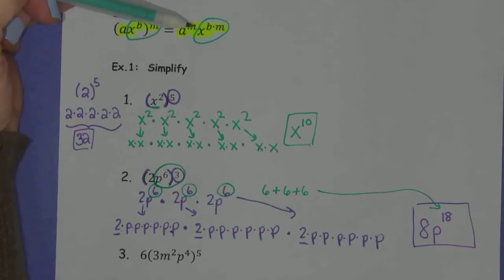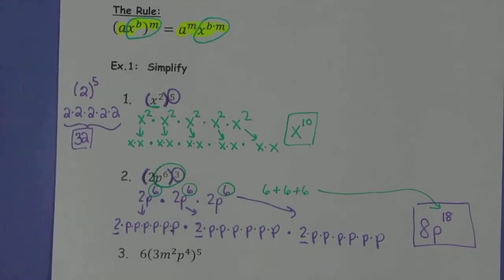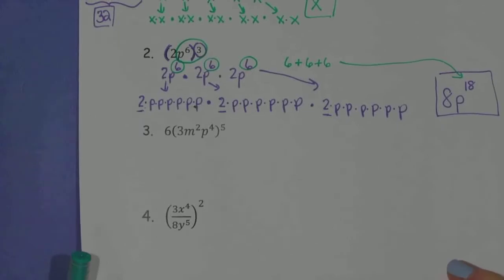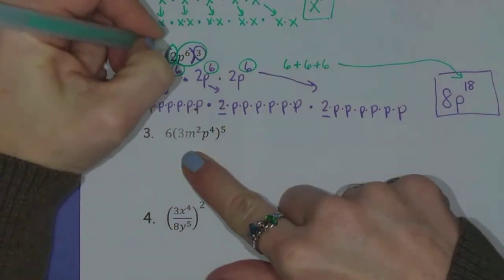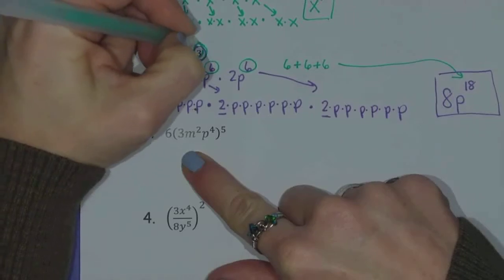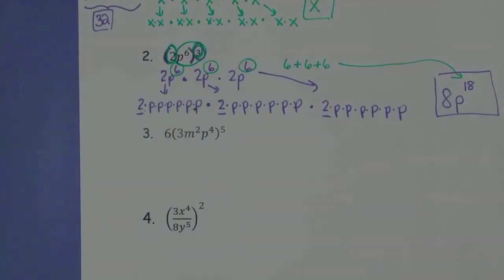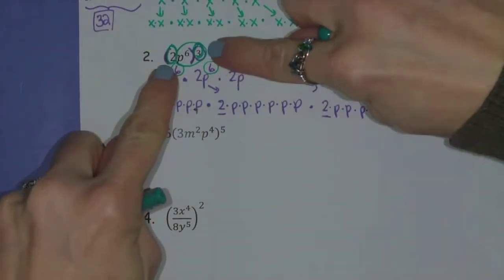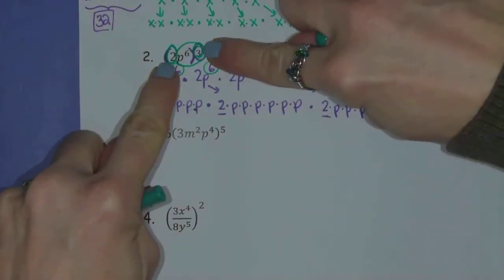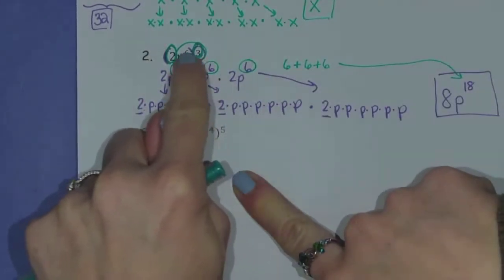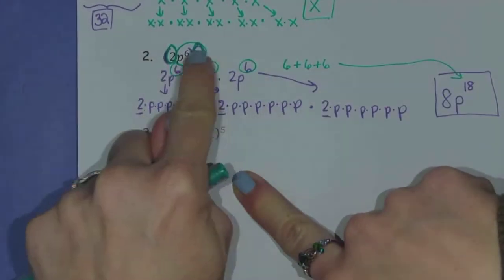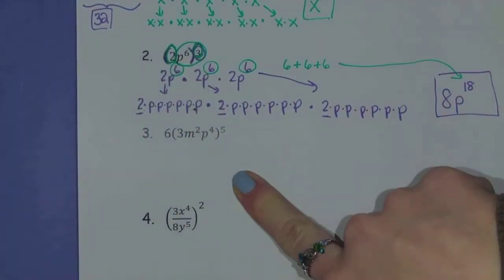Those get multiplied. But now let's talk about what happened to the 2 in the front. So what happened with this 2 and this 3? Well, oftentimes people will do the wrong thing with the 2 and the 3. They'll multiply the 2 and the 3 because they figure, hey, I multiplied these to get 18, so why not multiply 2 times 3 to get 6?